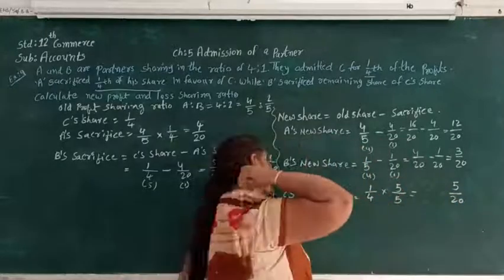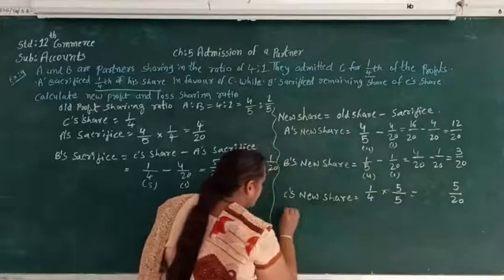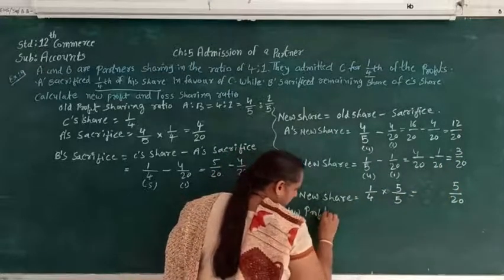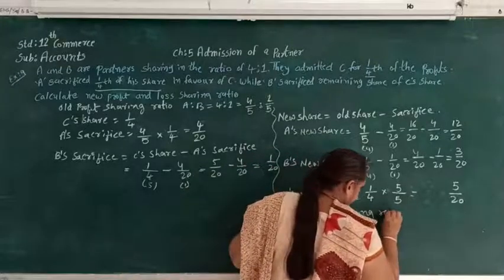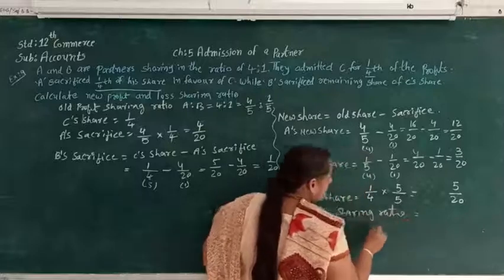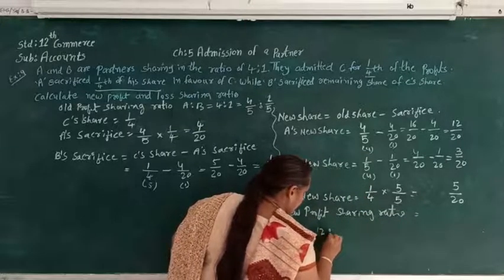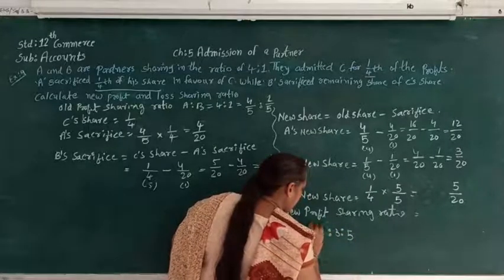So the new profit sharing ratio is equal to 12:3:5. So this is our answer.